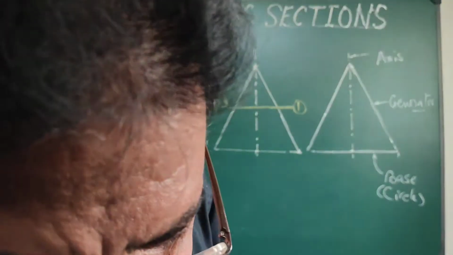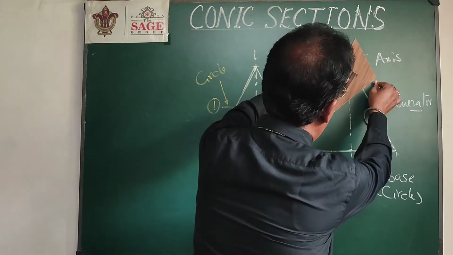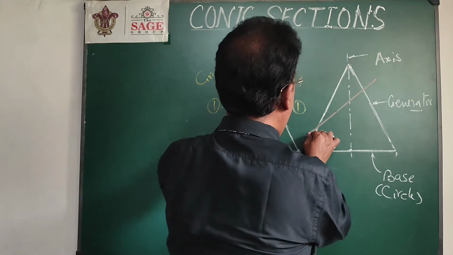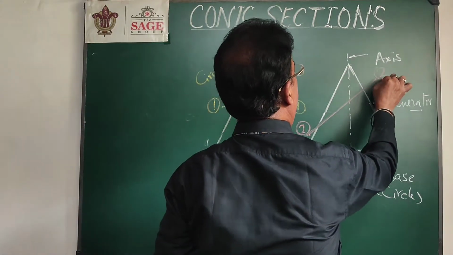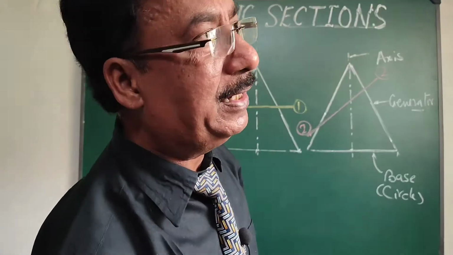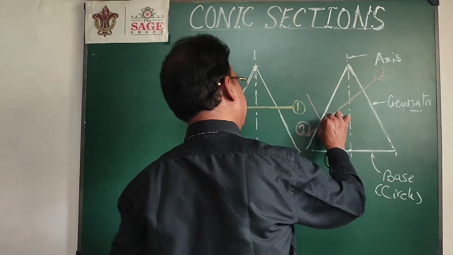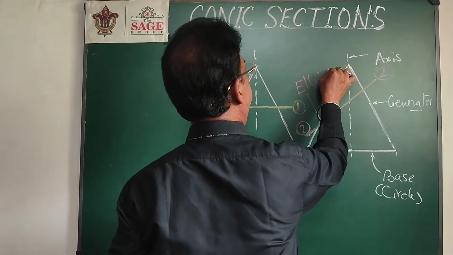Another option: if I cut this cone like this, the position of the section plane will be 2, 2. The section plane is inclined to the base and cuts all the generators, and this time the section obtained will be an ellipse.